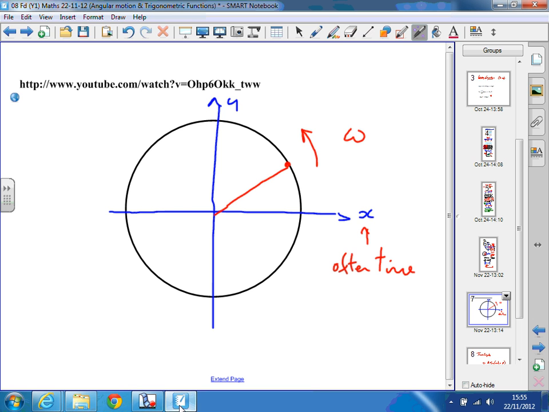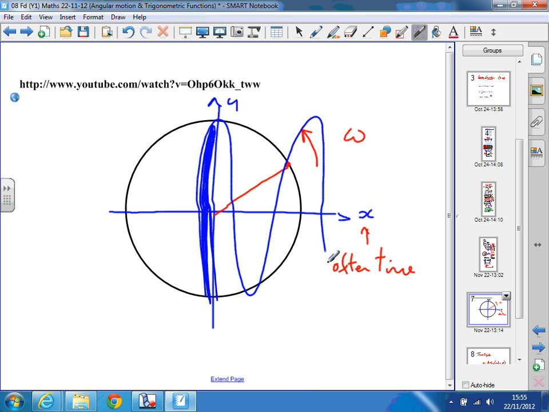We're only interested often in what's going on in the y direction. So if you think about this thing moving up and down in the y-axis, and then we consider it, and this is what an oscilloscope does, it allows this trace to move not only up and down but also sideways. You then get this familiar sine wave. So that's where the sine wave comes from.